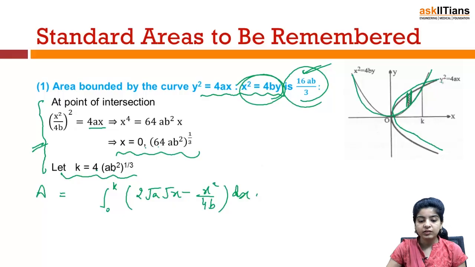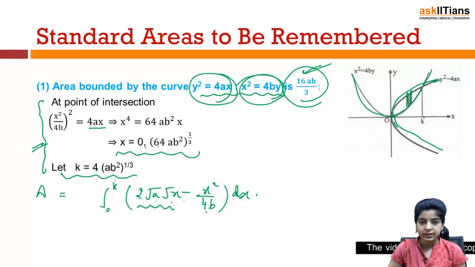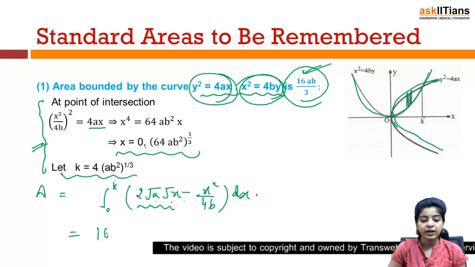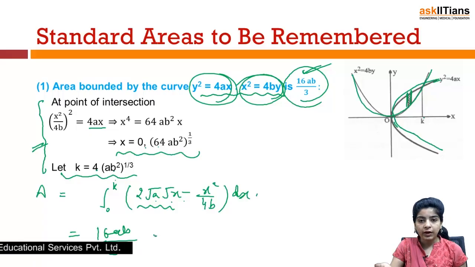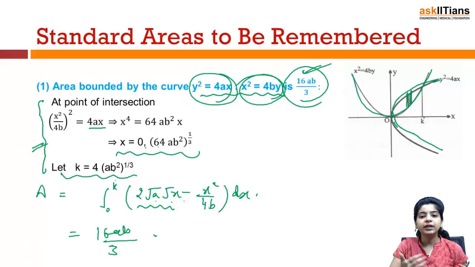This area would be the area enclosed by y square equal to 4ax minus the area enclosed by x square equal to 4by, and the integral would be from 0 to k. So we have 0 to k y dx, where y is 2 root a root x dx minus x square by 4b dx. So once you find this, you will get it as 16ab by 3. So you can just remember this formula: if you have to find the area enclosed by y square equal to 4ax and x square equal to 4by, that would be directly equal to 16ab by 3.